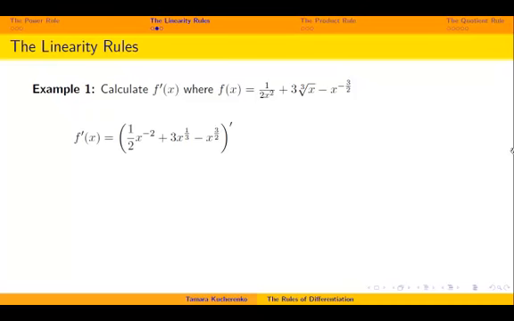To find f prime of x, first we use the sum and constant multiple rules to distribute differentiation to each term. Then we use the power rule to find the derivative of each of the terms.